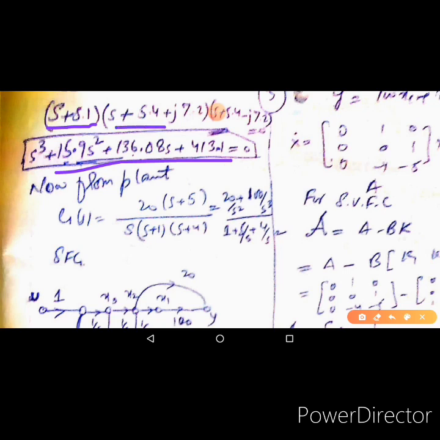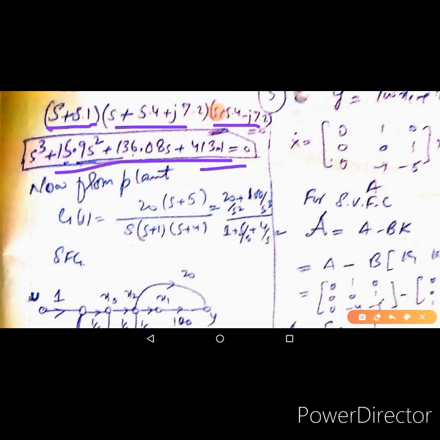Then the two complex poles, s plus 5.4 plus j 7.2, s plus 5.4 minus j 7.2. When we multiply these and open these brackets together and equate to 0, that gives us the characteristic equation: s cube plus 15.9 s square plus 136.08 s plus 413.1 equals 0. That is half of the problem done.